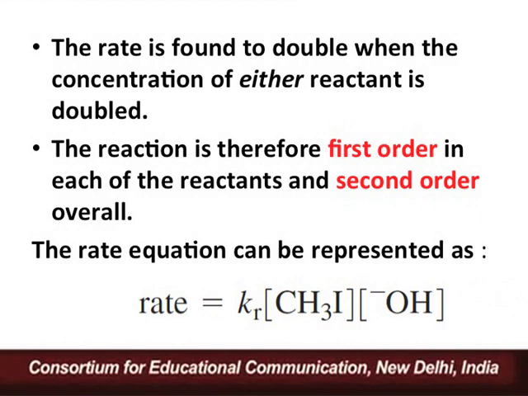Hence, we can explain that when we increase the concentration of the substrate or the nucleophile, the chances of effective collisions will increase, which will result in a greater reaction rate. So when we double the concentration of the reactant, the rate of the reaction is found to double.